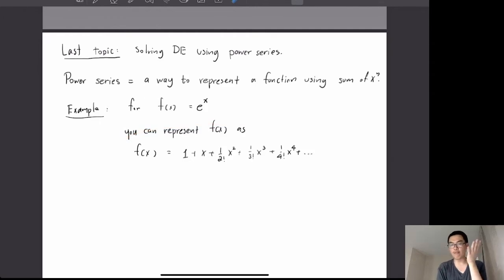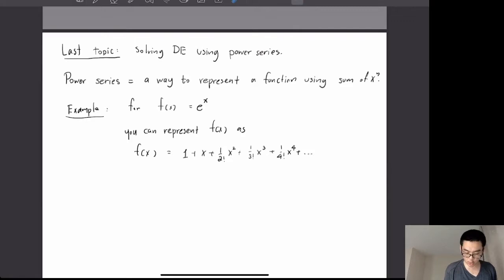Let's imagine you have only a calculator that can add and multiply. This is a good way to approximate e to the x. If you have just a simple calculator and you want to compute e squared, so e to the 2, your calculator will be confused about what e to the 2 is.